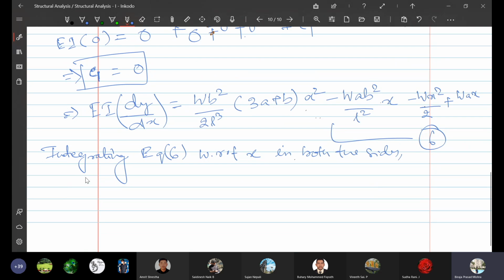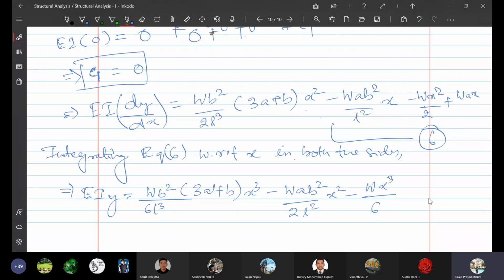If I integrate that one, then can I write EI into y equals WB square divided by 6L cube into 3A plus B into x cube minus WAB square divided by 2L square into x square minus wx cube divided by 6, then plus WAx square divided by 2 plus C1.